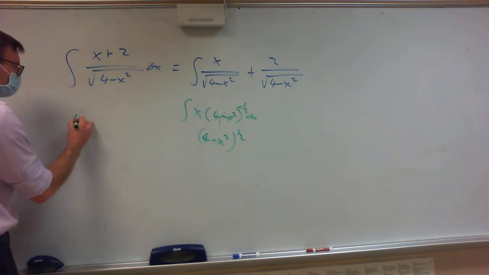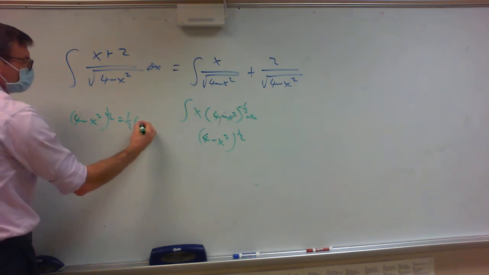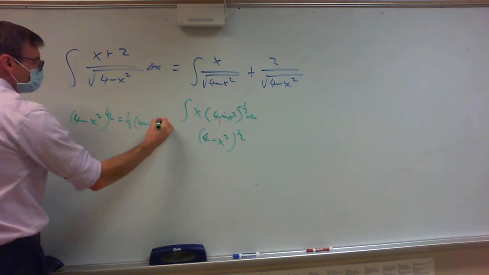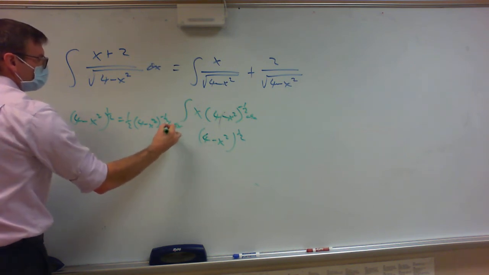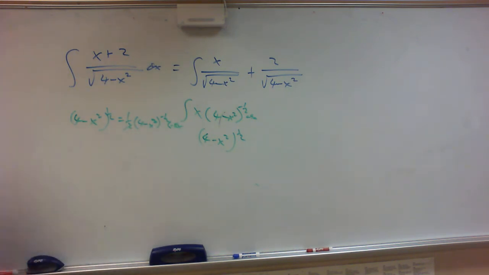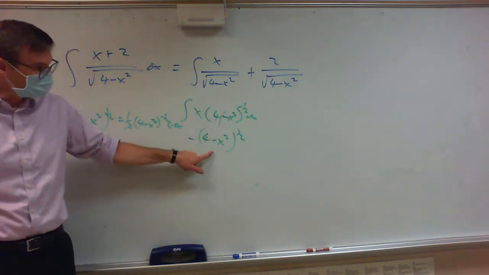I'm going to take the derivative, so it's 4 minus x squared to the 1/2. Take the derivative of 1/2, copy stuff. What am I off by? I think I'm just off by a negative. There's a minus 2. And so my claim is if you take the derivative of this, you get that.